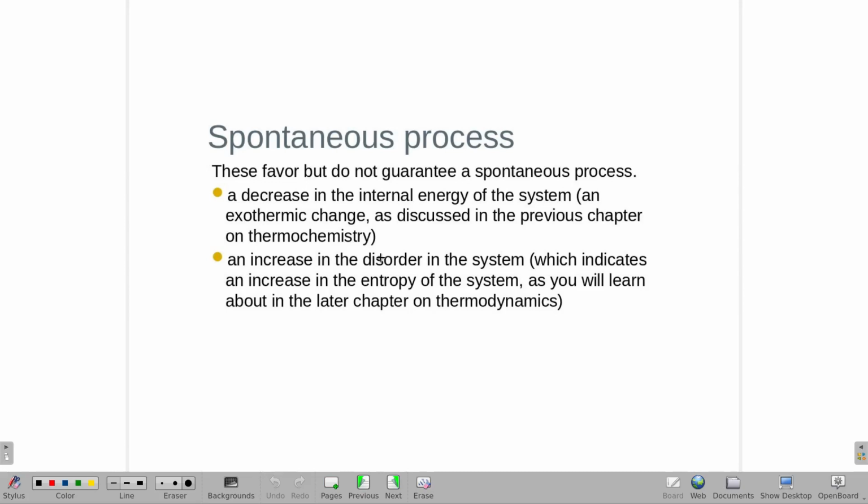But if at least one of those two is true, there's a chance it's spontaneous. Now, exothermic is typically a huge factor. Almost all of the common exothermic reactions are spontaneous, but there are exceptions. That doesn't mean only exothermic reactions are spontaneous, because we're going to see there are endothermic reactions that are spontaneous as well.